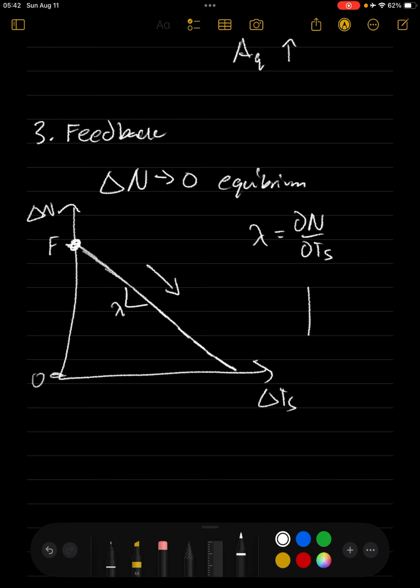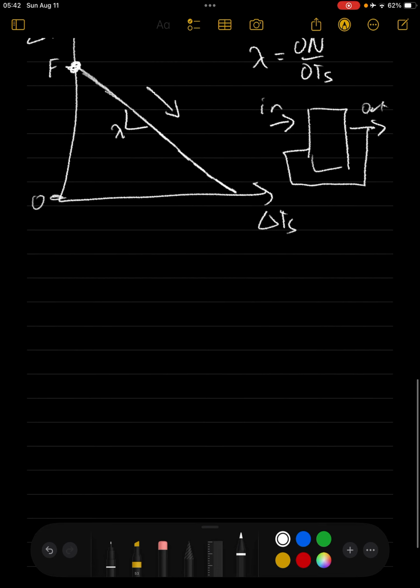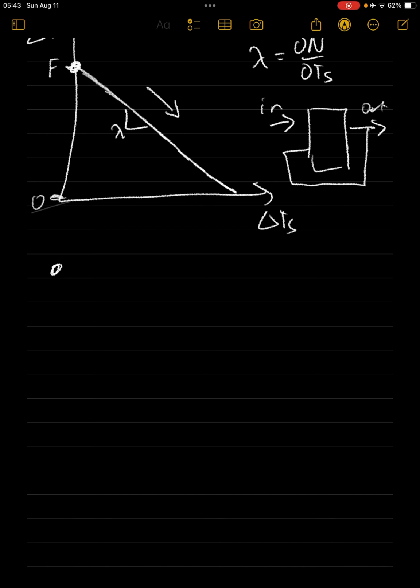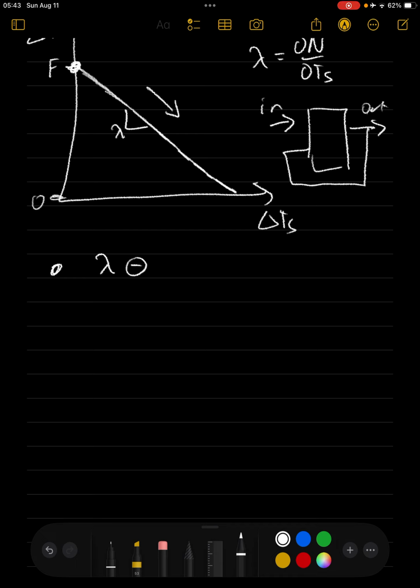If we were to do an example of this, we could have something that goes in and comes out, and then the feedback is sort of like this. There's a picture on Wikipedia that might be helpful. Normally the climate feedback parameter is negative. However, what happens if it was positive?